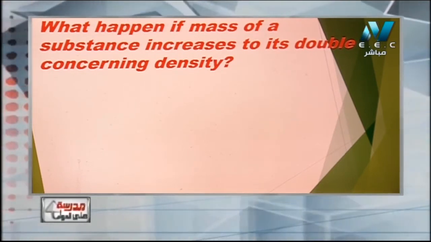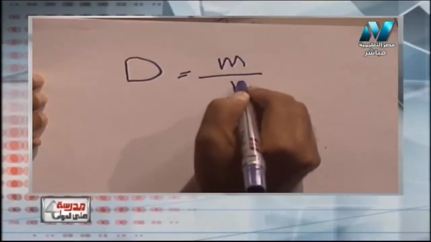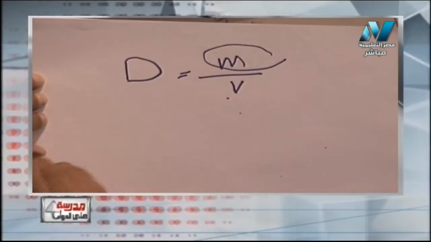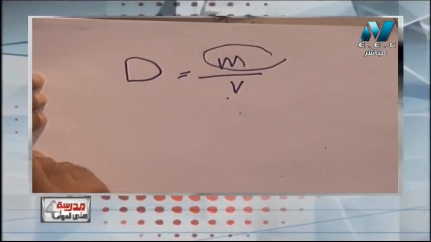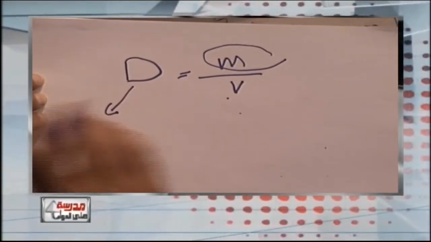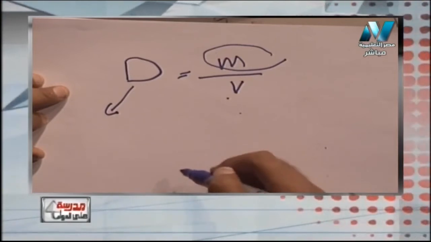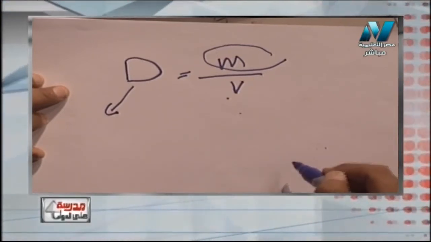He asks about what happens to density. Now, density equals mass over volume. What happens if mass increases? Can you say that density increases to double? Sure, no. Why? Because density is constant for each substance.